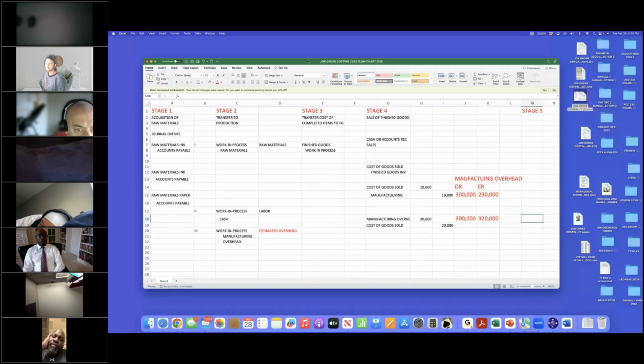Now let's look at what's happening. You're making the product, and then we've got these stages that we've got to go through to make journal entries following the product. In stage one, we buy the raw materials and other types of items to get the company going. In stage two, we transfer the raw materials in for production, and we have the workers, pay them, and we estimate the overhead.